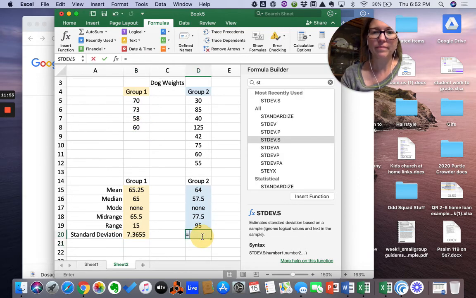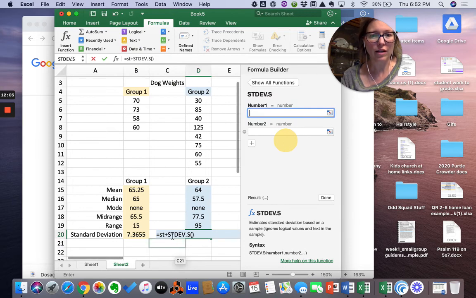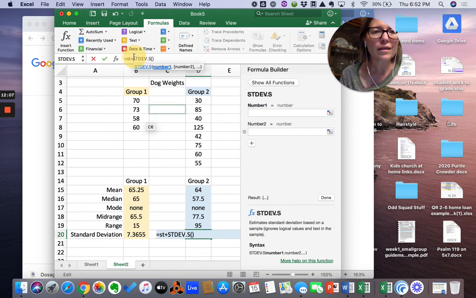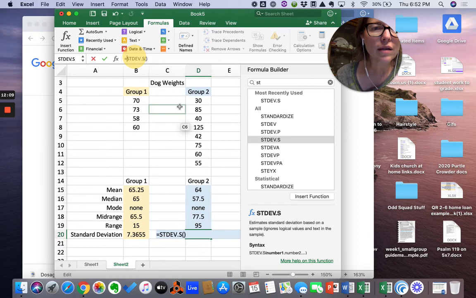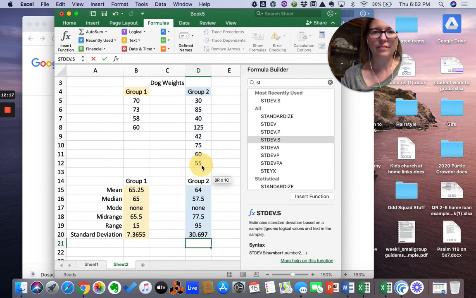Once again, pick the standard deviation, the sample standard deviation. Well, let's get it to turn on. There we go. And we ended up with some extra stuff. But we got it. There we go.